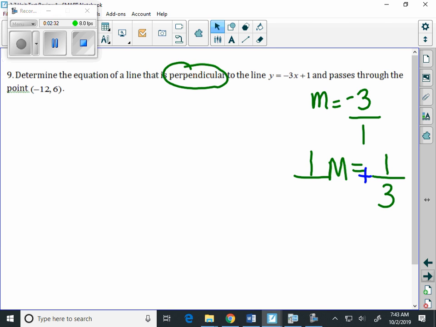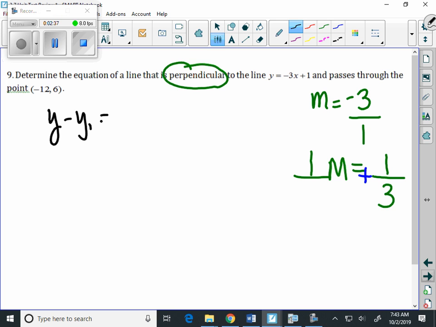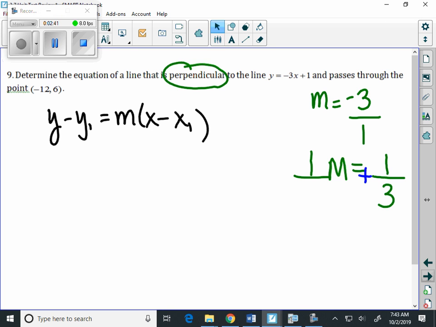So now we're going to go back into y minus y1 equals m times x minus x1. And we fill in our values, going back here and recognizing that -12 is x1 and 6 is y1.